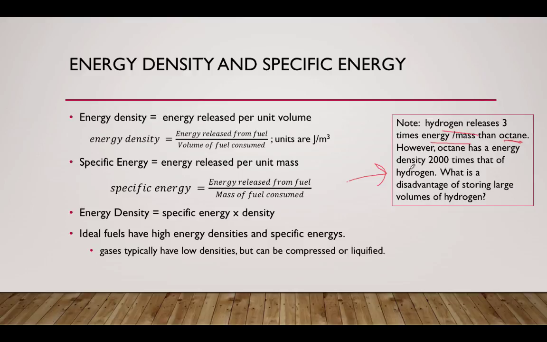However, octane has an energy density 2,000 times that of hydrogen. Okay, we can improve hydrogen's density. This is a gas, this is a liquid. We can improve upon that density by compressing it or liquefying it.